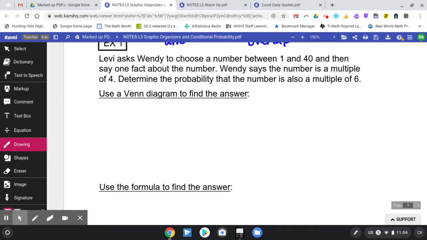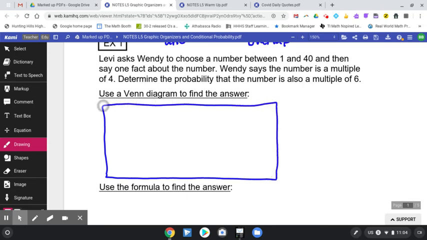All right, so let's get started here with our Venn diagram. It's going to be kind of a long one, lots of stuff to put in here. So we're looking at numbers from 1 to 40. There's your universal set. And they're being split up into 2 sets, multiples of 4 and multiples of 6.